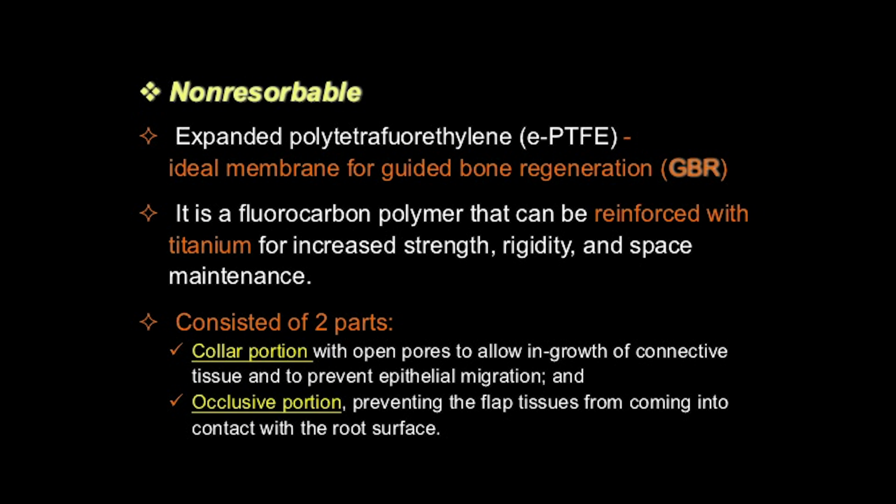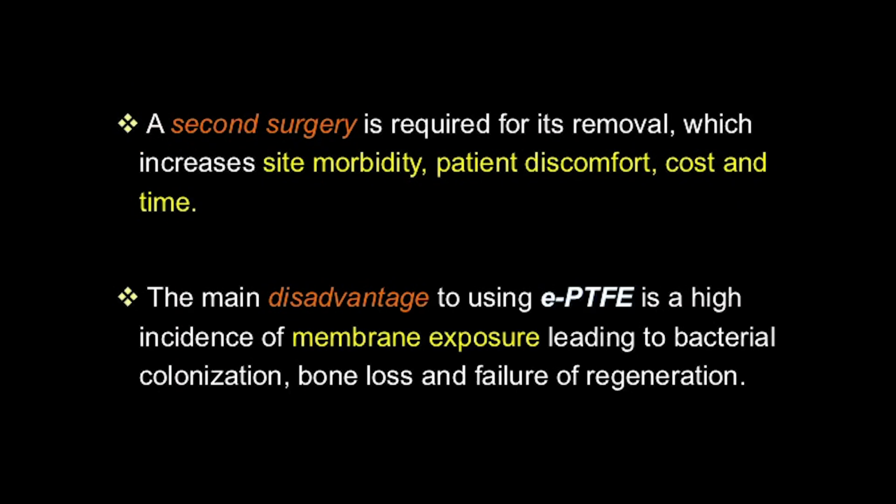The collar portion has open pores to allow ingrowth of the connective tissue and to prevent epithelial migration at the site. The occlusive portion prevents the flap tissue from coming in contact with the root surface of the tooth. A second surgery is required for its removal, which increases site morbidity, patient discomfort, cost, and time.